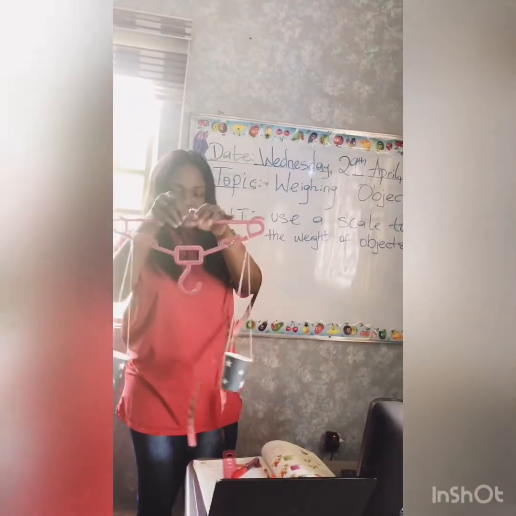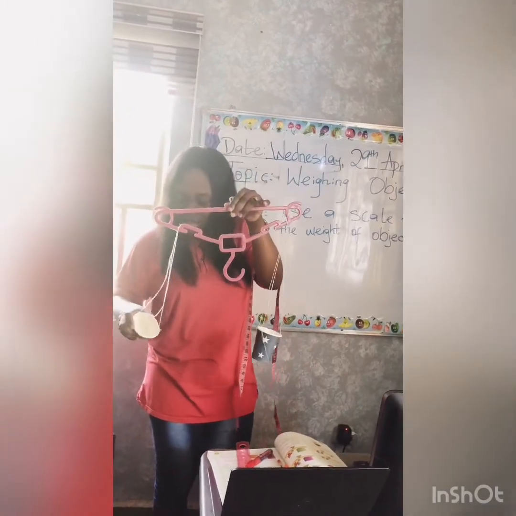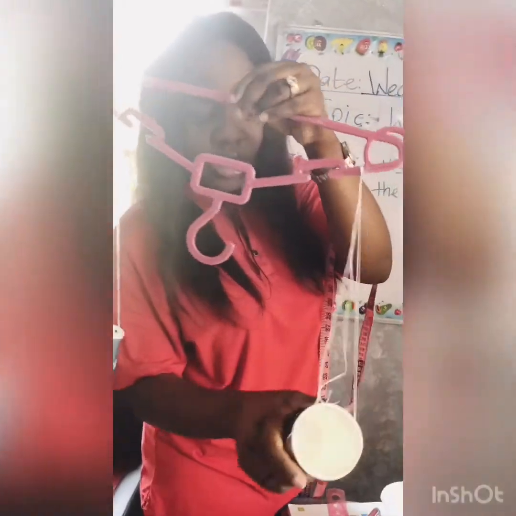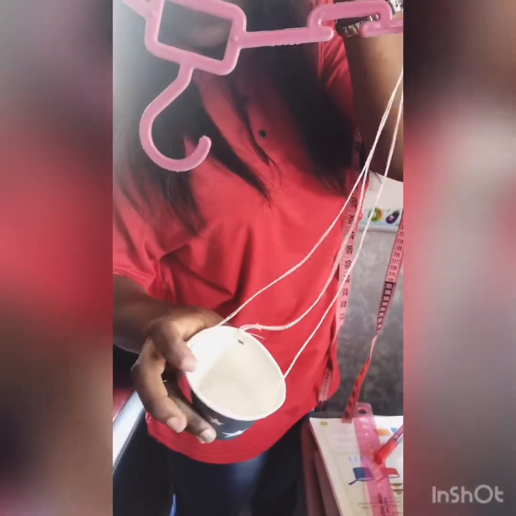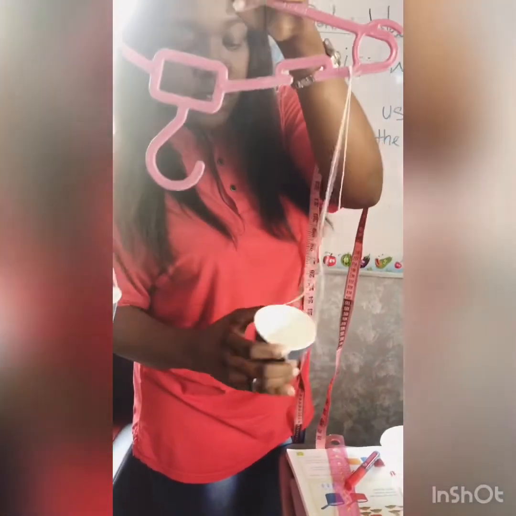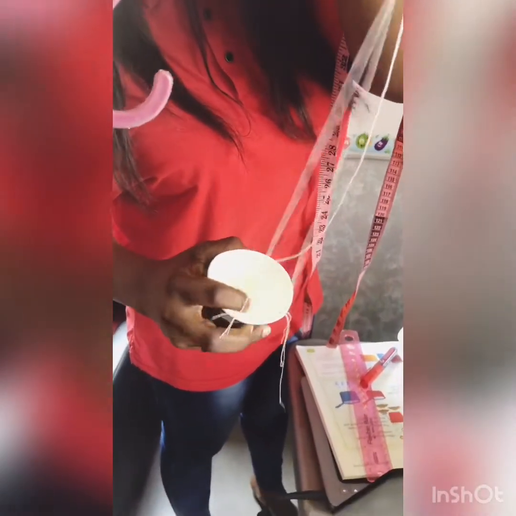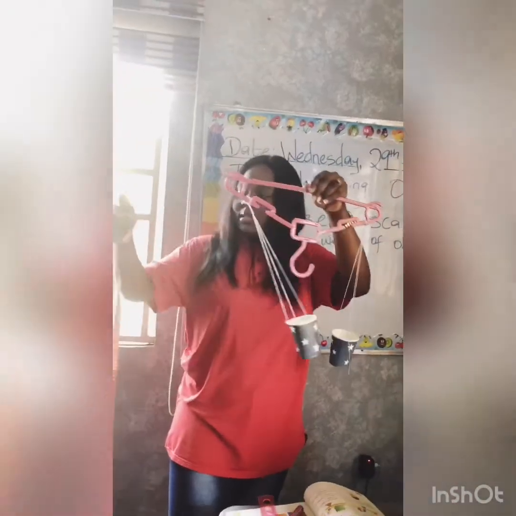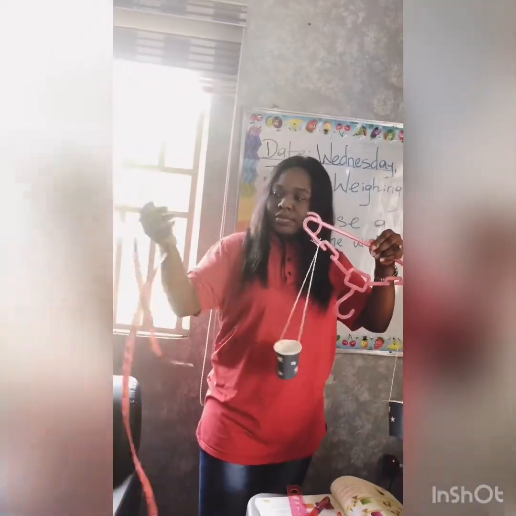How did I do this? I just marked a point inside my disposable cup. I used a needle to make a hole where I marked, and I passed a thread through there. I measured my thread using my tape.